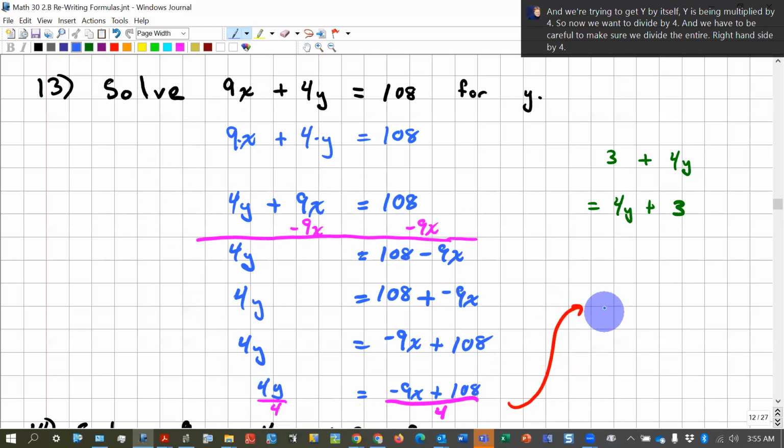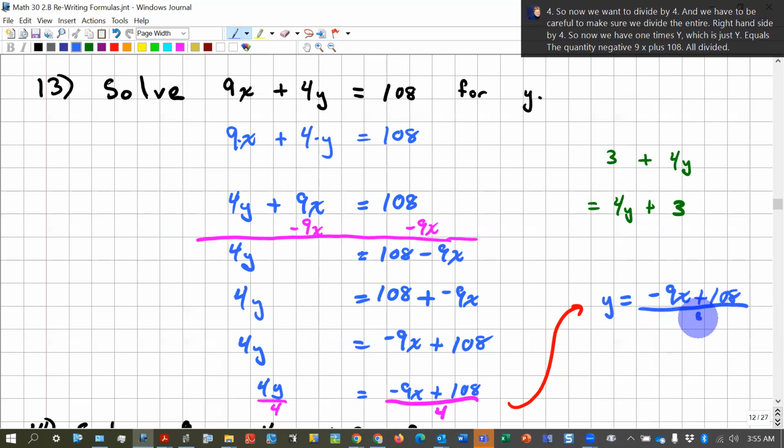So now we have 1 times y, which is just y, equals the quantity negative 9x plus 108, all divided by 4. And you need to make sure that our fraction bar sticks out in front of the negative sign for the negative 9x.